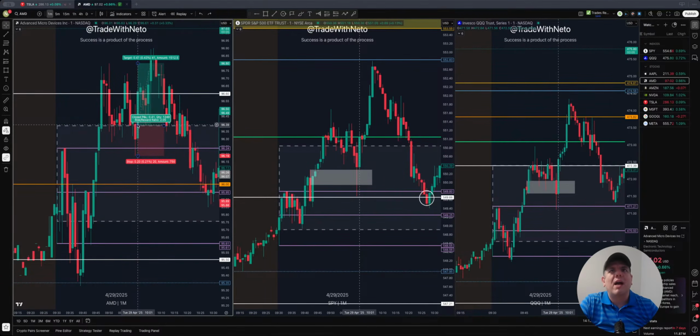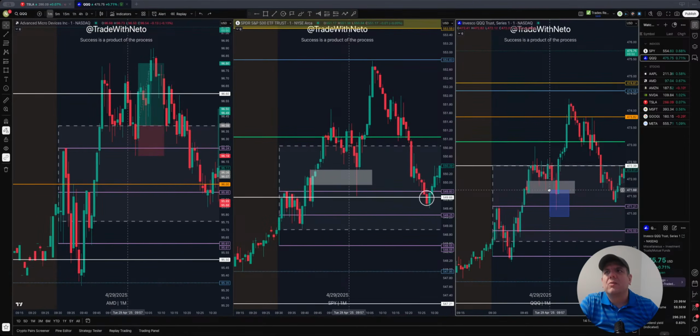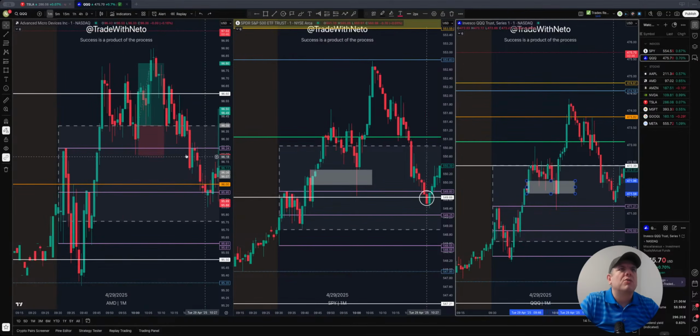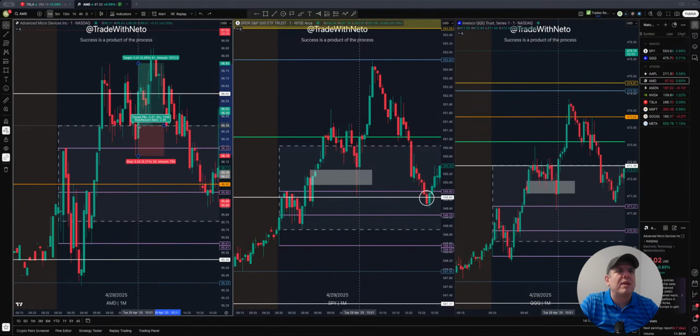However, I want to show you what was going on again on the indices, right? We had this huge wick retesting the 5 minute opening range and the order block on SPY, and this wick retesting the 5 minute opening range on QQQ. So here after this reaction you should have your finger ready for this candle, right?